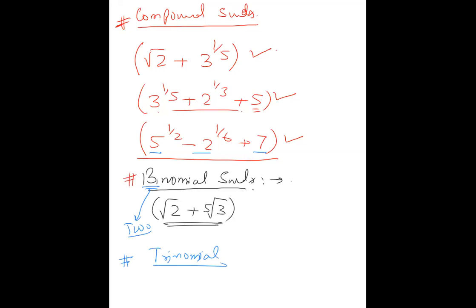Tri means, what is the meaning of tri? 3. So 3 terms are there. Like root 5 plus root 7 minus root 3, 2 plus root 2 minus root 5, or power 1 by 3.